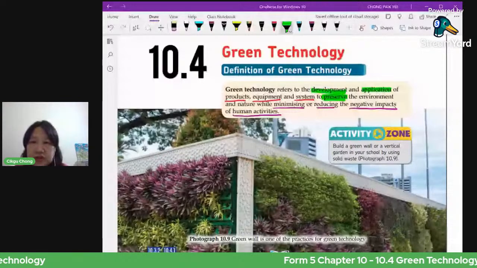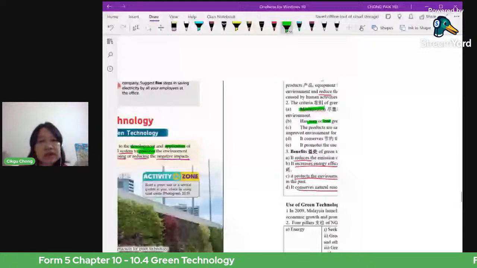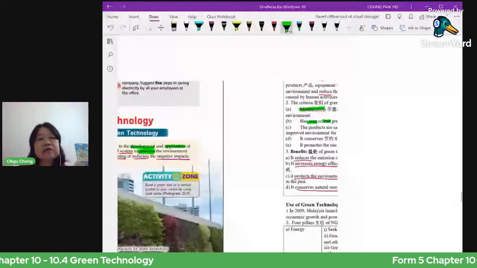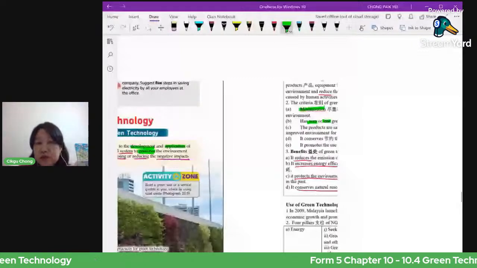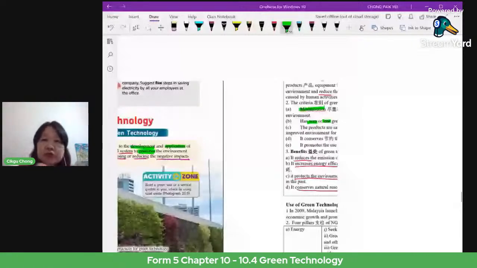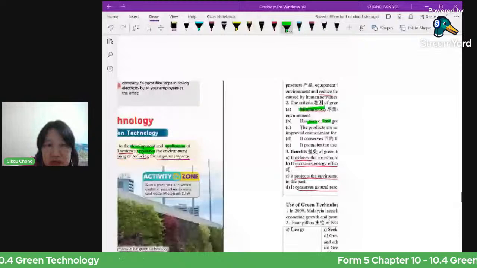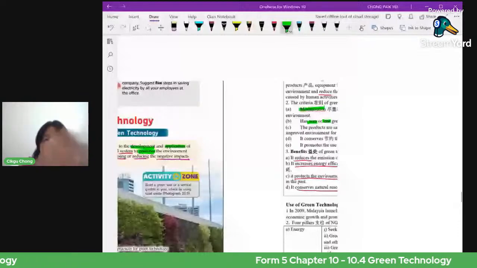So number one, this is the definition: development and application of products. You must be able to preserve. You develop things, but you've got to preserve the environment and also reduce the negative impacts. Okay, the criteria of this technology. All right, what's the criteria? It must minimize the degradation of the environment.